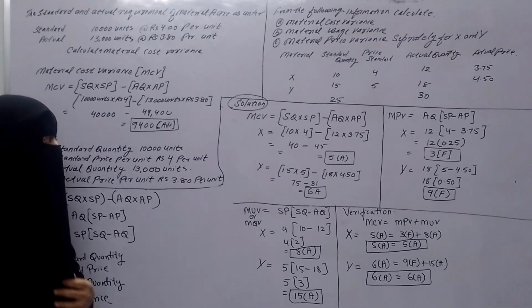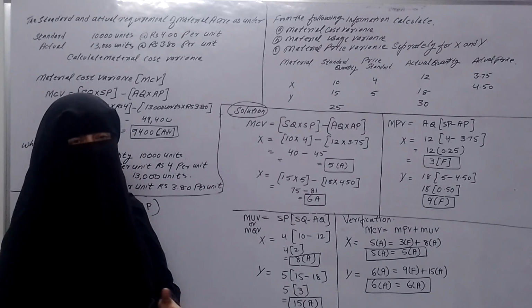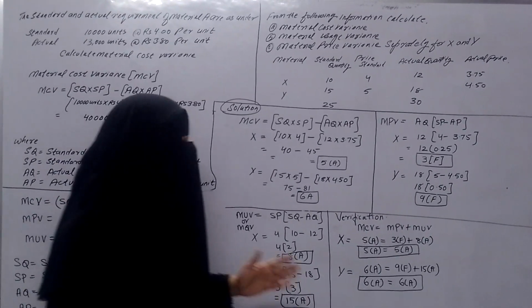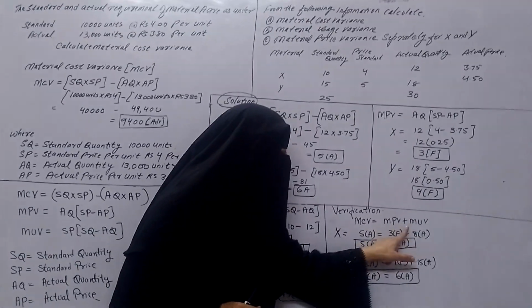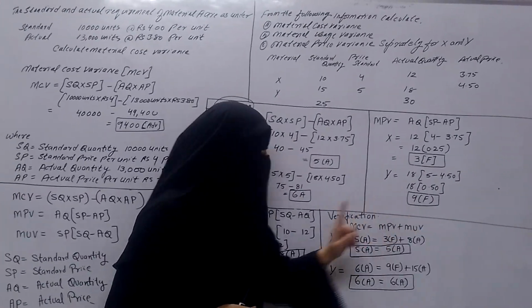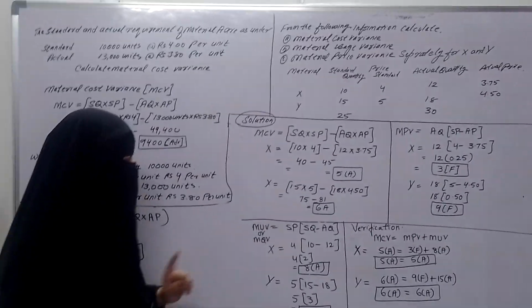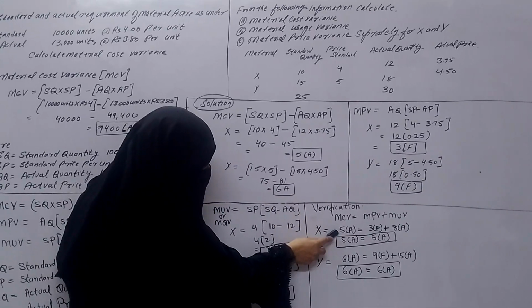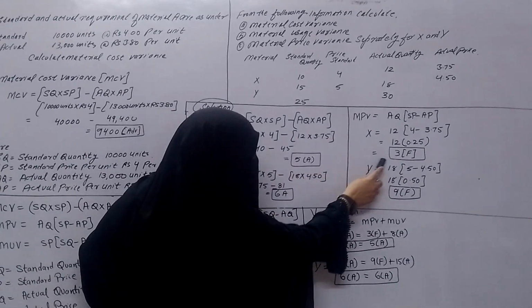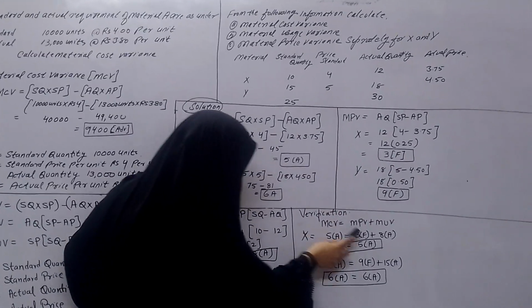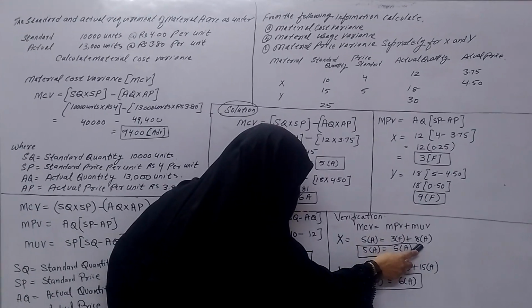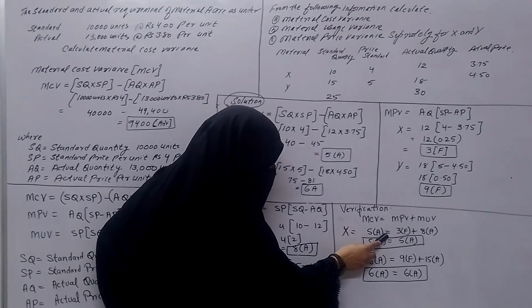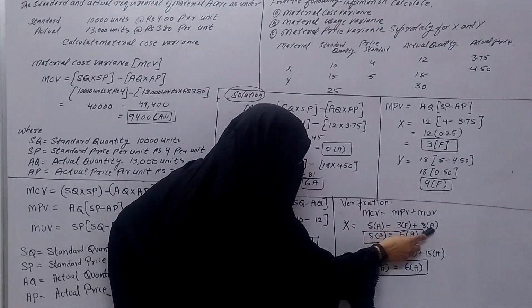So students, whenever we calculate these 3 variances, we have to do the verification. The verification is MCV is equal to MPV plus MUV. Separately for X and Y. For material X, the MCV is 5 adverse and material price variance for X is 3 favorable and material usage variance for X is 8 adverse. 5 adverse is equal to 3 favorable plus 8 adverse.